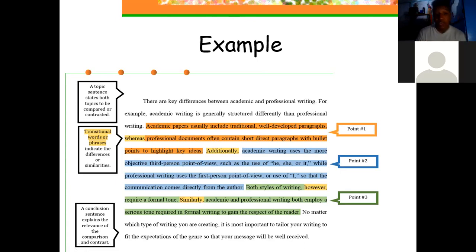This is very important because you will explain about the relevance of the comparison and the contrast issue. I think the conclusion is the most important, because if you can write the topic sentence very well, you can write the transitional words and phrases, you can use the connectors, but the conclusion is the most important, because in the conclusion is the summary about the whole essay.